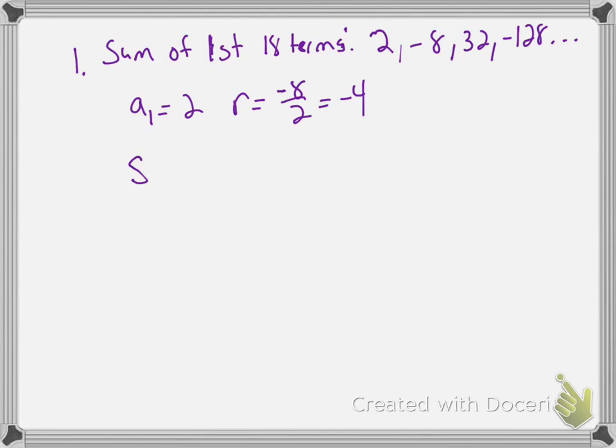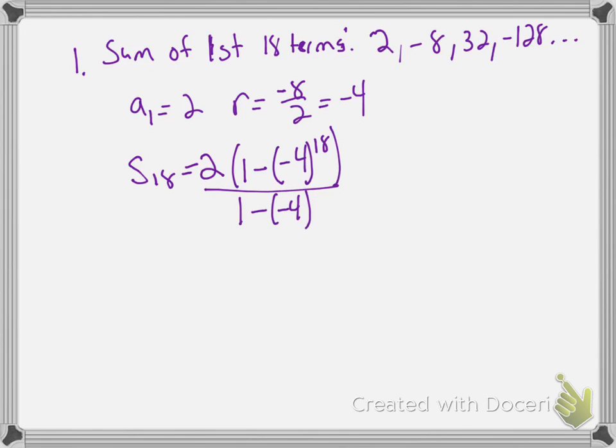So the sum of 18 equals my first term, 2, times 1 minus my ratio of negative 4 raised to the n, 18, divided by 1 minus negative 4. We know this bottom part is going to be equivalent to 5.